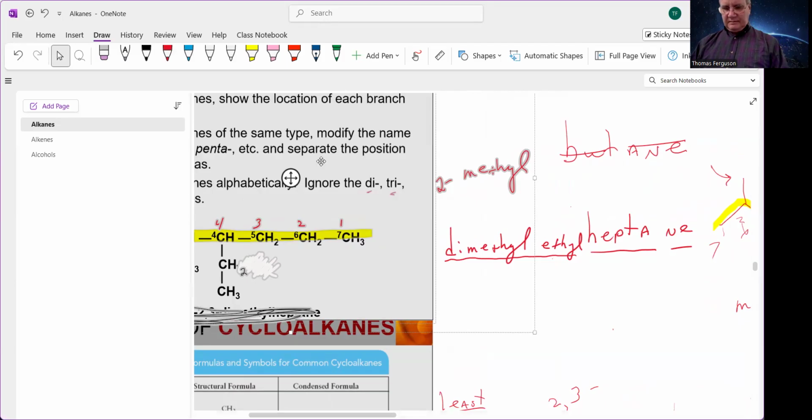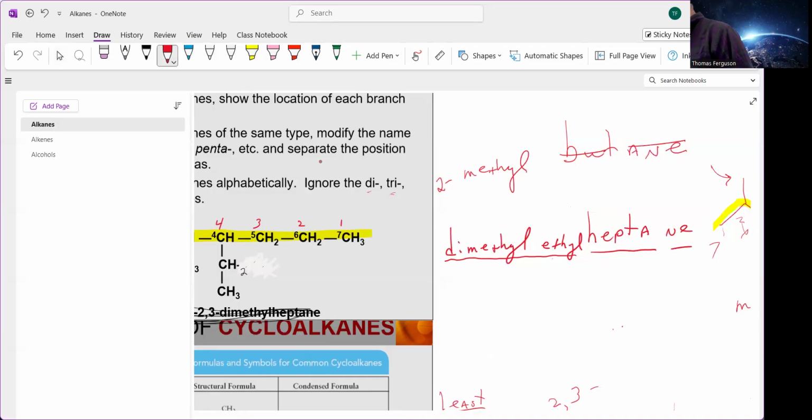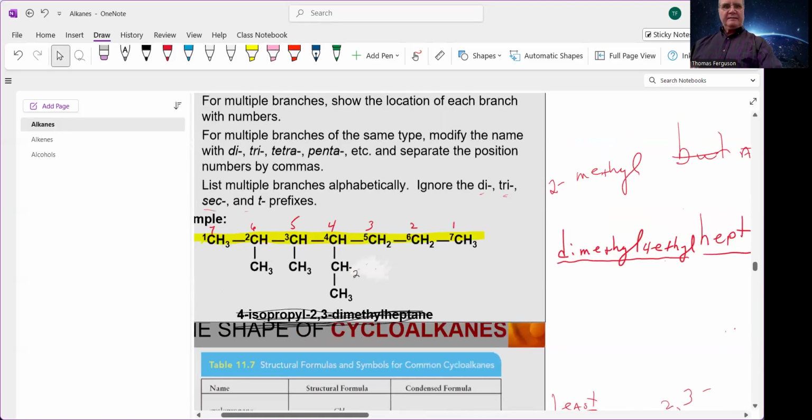It's definitely 4-ethyl, because it doesn't matter which direction we're naming it, it always ends up on carbon number 4. However, the methyls depend a lot on which you're using, the red or the black.